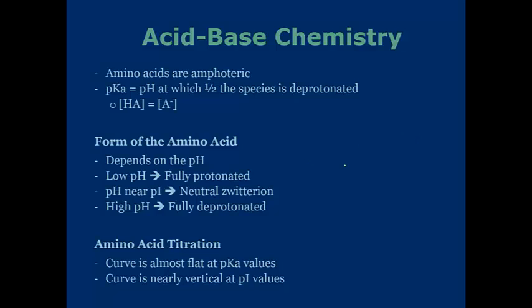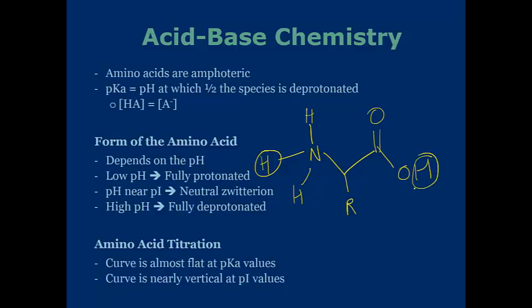When you look, the amino acids have two groups in particular that you have to think about. So I'll draw a slight simplification here, but with an R group, you're going to see that one side's going to have the carboxylic acid, and the other side is going to have the amino group, like so. What you're going to notice is that this hydrogen can come off, and this hydrogen can come off as well.